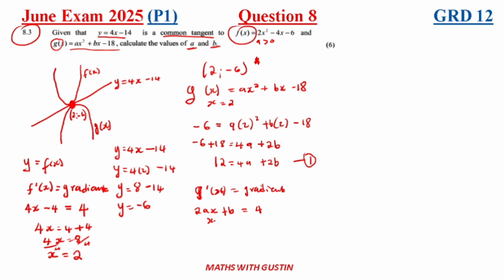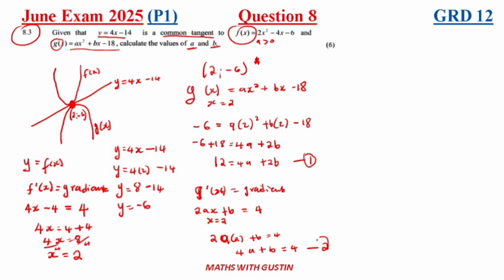So you can come here and say, this gradient we get when the x value is equal to 2. So you put here where this x is going to be 2 times a, therefore plus b is equal to 4. So now what are you going to have? You're going to have 4a plus b is equal to 4.